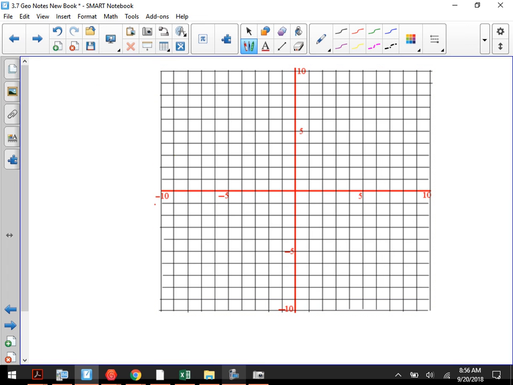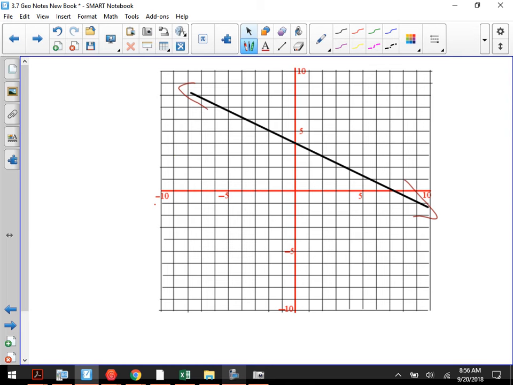If you graph something, as you graph something, what is the value of x when you cross the y-axis?